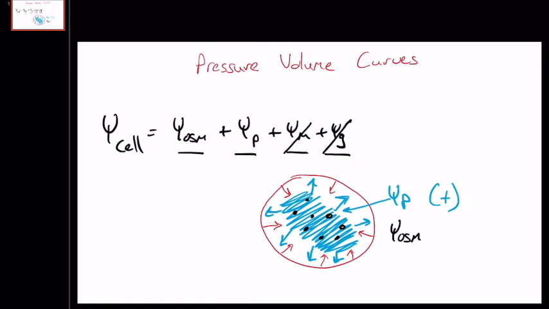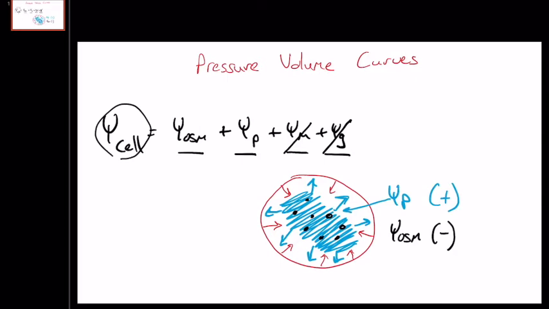And remember, these values of osmotic potential are going to be negative. So the more sugar molecules relative to water molecules, the more the sugar molecules are going to reduce the potential energy of that water, making it more negative. And the balance of these two variables is going to control what the water potential of the cell is.